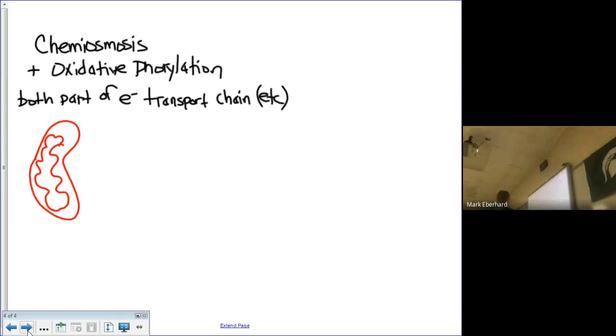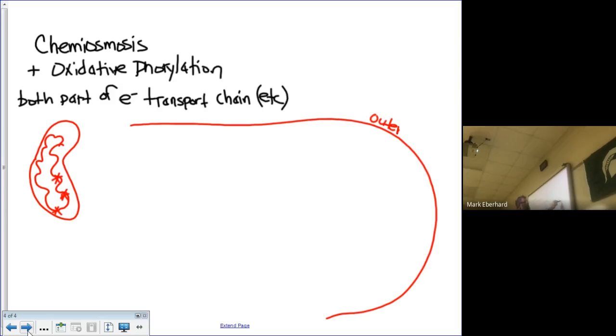And so we are working right along the membranes here. There's a whole series of them all along the membrane. So we're going to try to represent that membrane. I'm just going to draw a small section of the mitochondria.